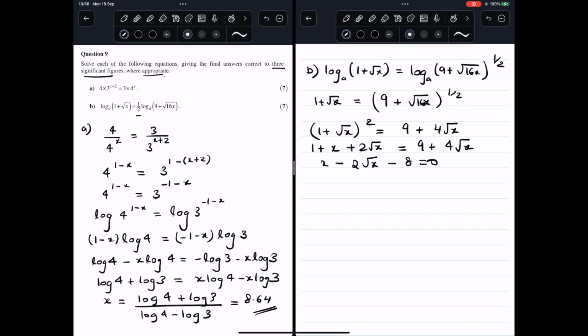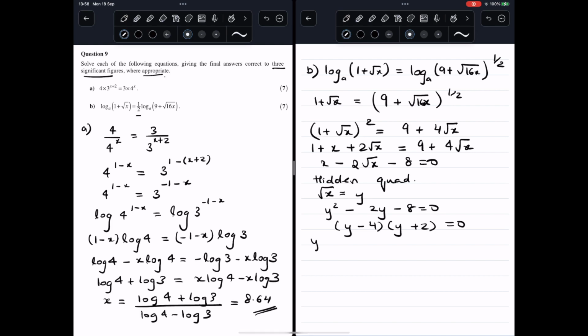Now this is a hidden quadratic, as you know, and root x is related to x in terms of its square. So I'm going to let root x be y, so that it becomes y squared minus 2y minus 8 equals 0. I'm going to factorize this into y minus 4 and y plus 2 equals 0.